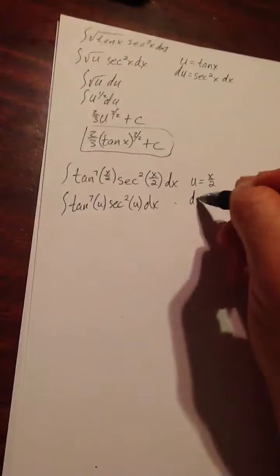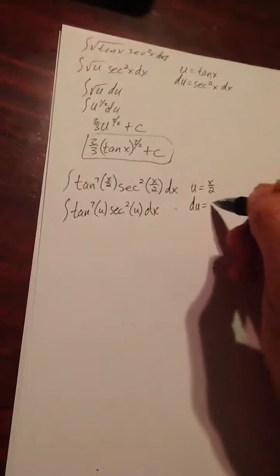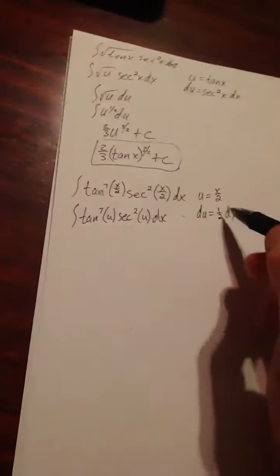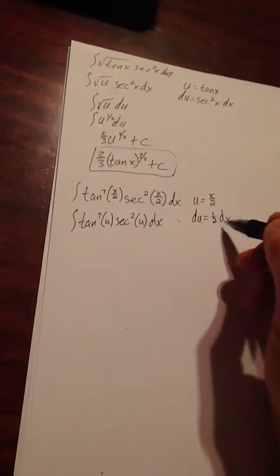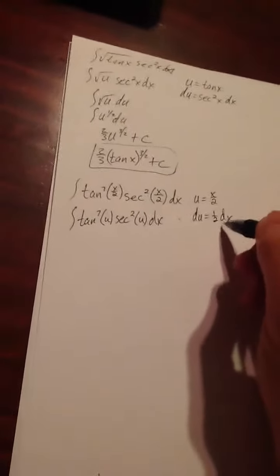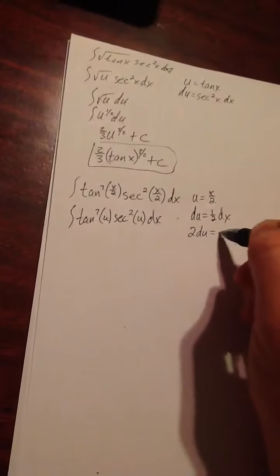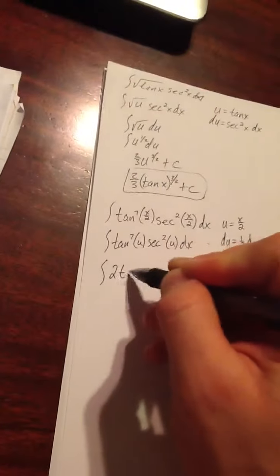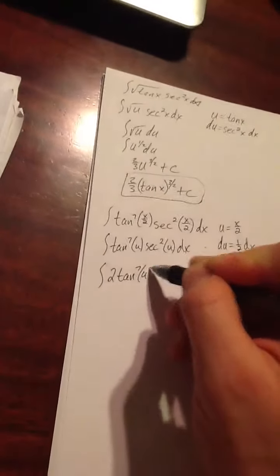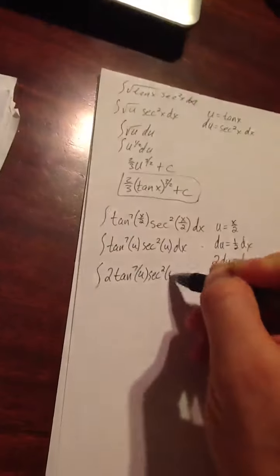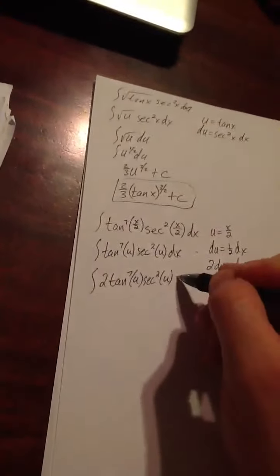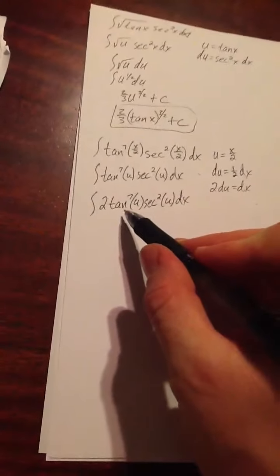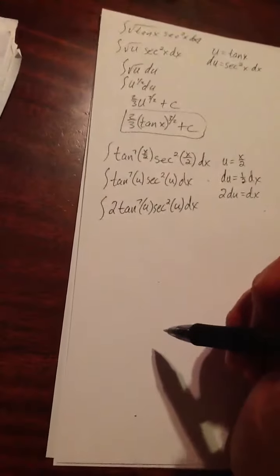Figuring out du, x over 2 would just be 1/2 dx. So there's nothing that matches over there. If I multiply both sides by 2, I have 2 du equals dx. So I can plug that in. So I have 2 tangent to the 7th of u secant squared of u du. Got there and was like, well, what's the antiderivative of that? I have no idea. So that didn't work.